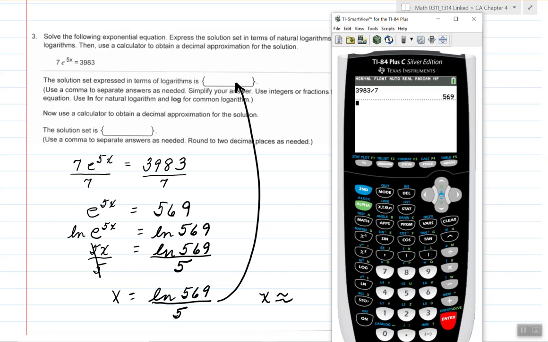So now I'll go to my calculator, and I have the natural log of 569, close, divided by regular old 5. Round it to 2 decimal places. I should get 1.27.